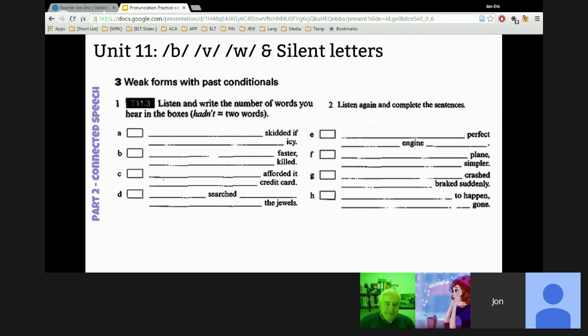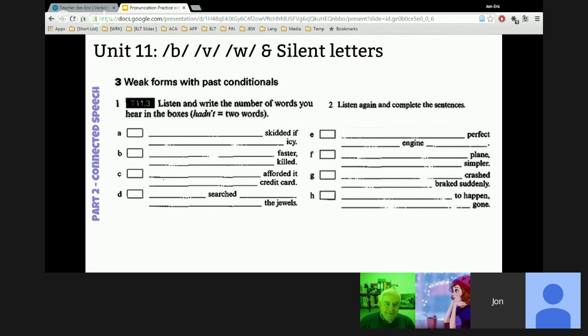If they'd searched more carefully, they might have found the jewels. If they search it more carefully, they might found the jewelry. Okay, the jewels. Okay, good. Carefully. If they'd searched more carefully, comma, they might have found the jewels.